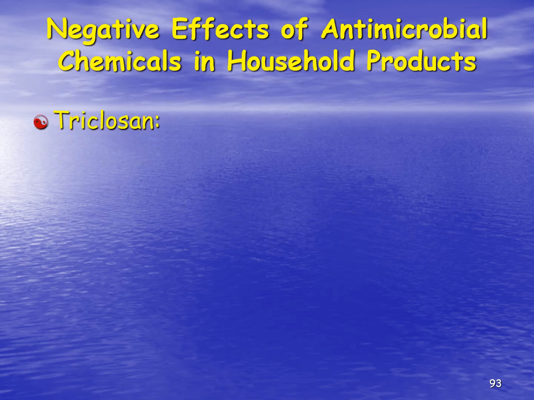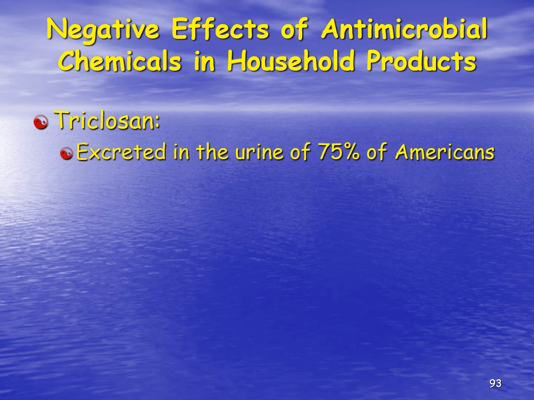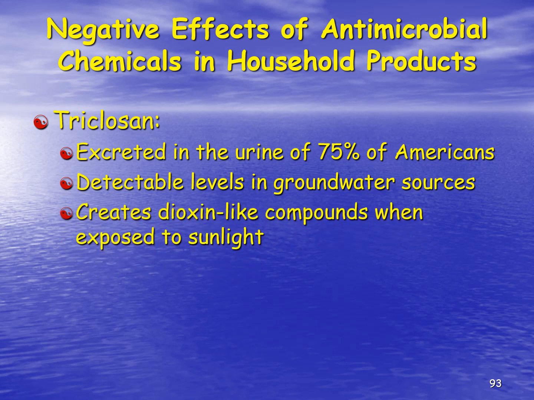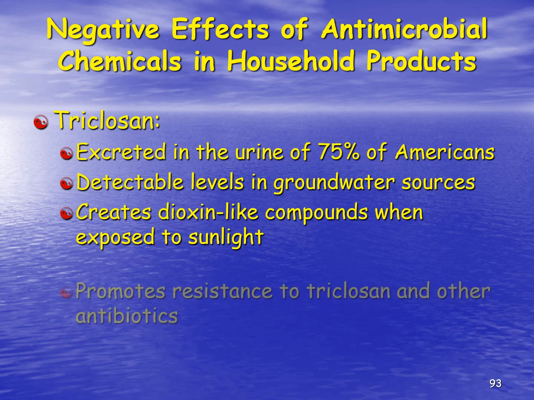Now, let's talk about triclosan, one of those phenolics. It is estimated that 75% of all Americans secrete on a daily basis a measurable amount of triclosan in their urine. It's in detectable levels in groundwater sources, and it creates dioxin-like compounds when exposed to sunlight.